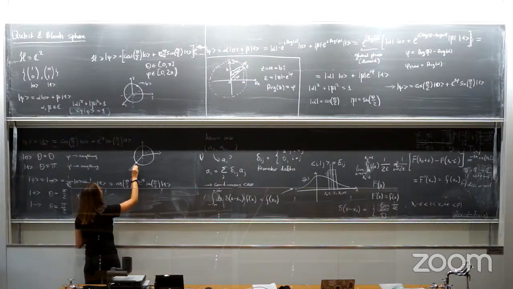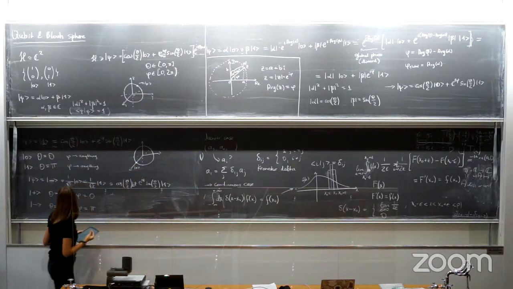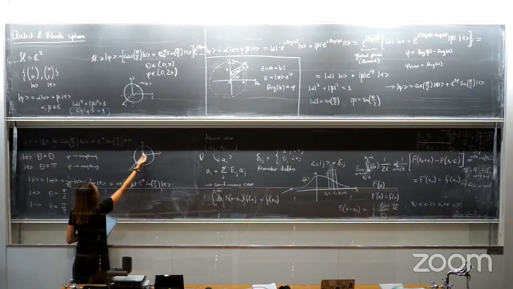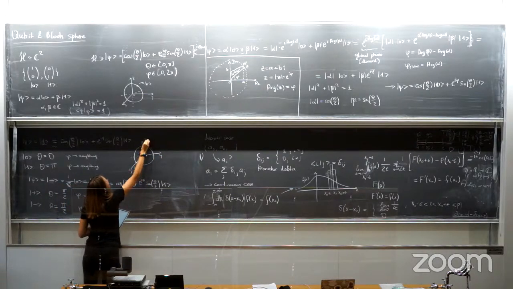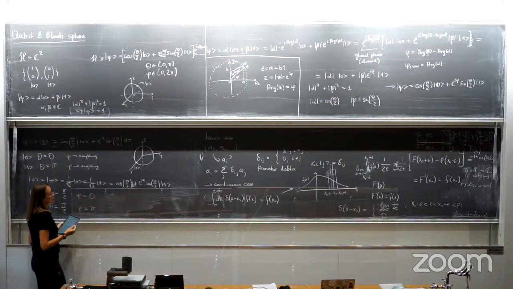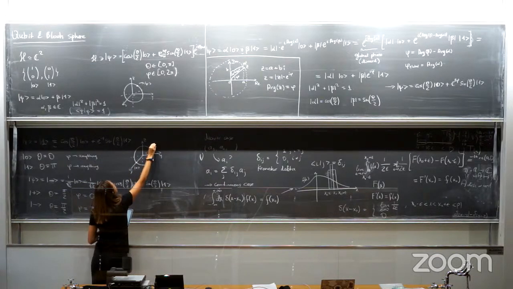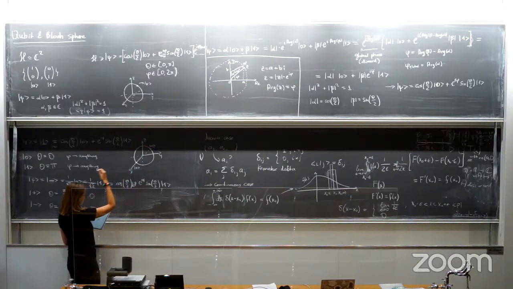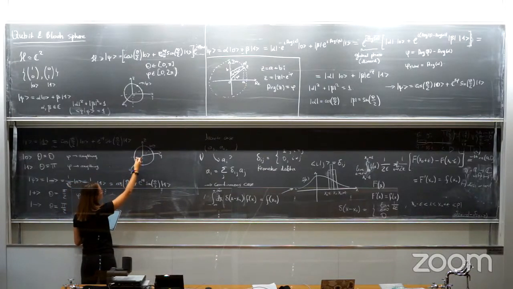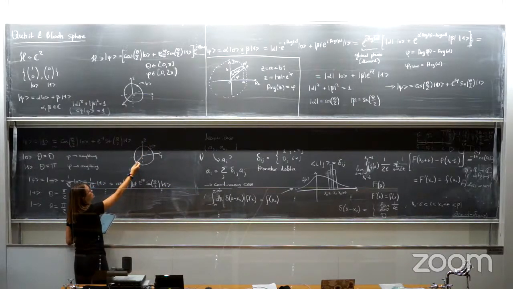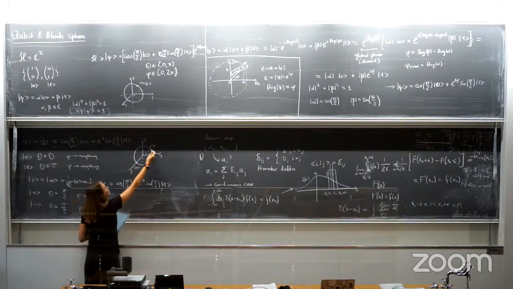Plus is going to be here because it's rotated by pi over 2 in this direction, but phi is 0, so it's still on the x-axis. And then minus will be on the other side, because minus is rotated by pi over 2 as well, but then we need to also rotate it in the xy plane by pi, so all the way to the other side.